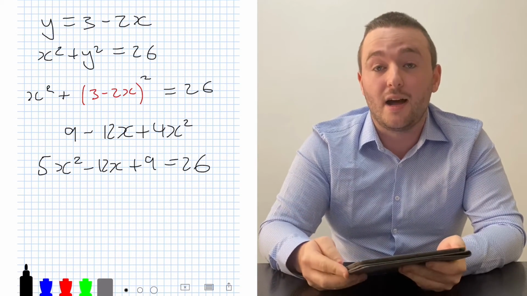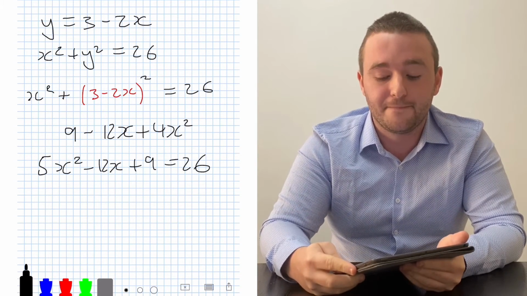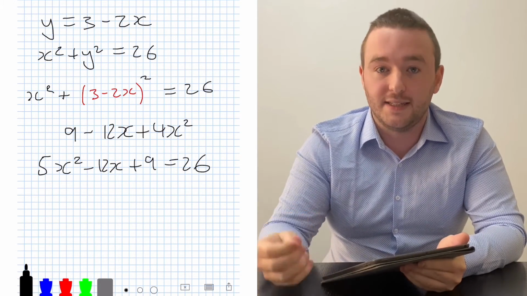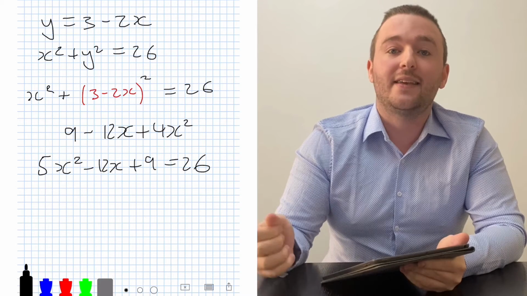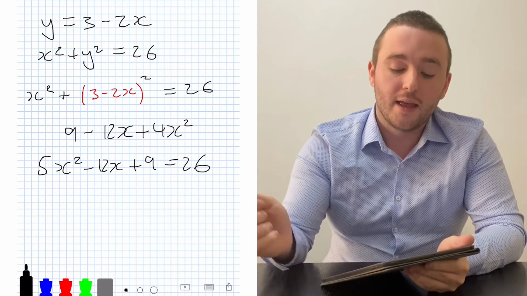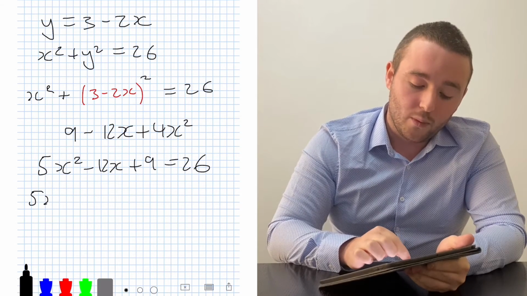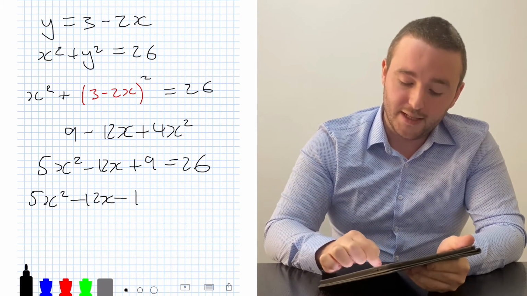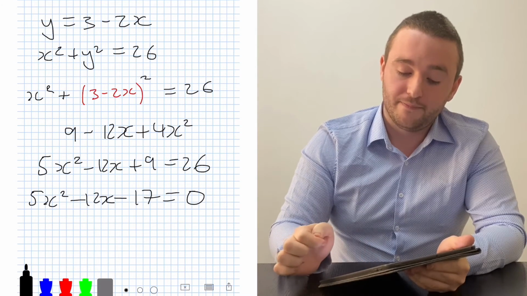As you can see, this is starting to look more and more like a quadratic. As you know, to solve quadratics, you have to make them equal to 0 first. So let's take that 26 and move it onto the left-hand side by subtracting it. If we subtract 26, we get 5x squared minus 12x minus 17 equals 0.